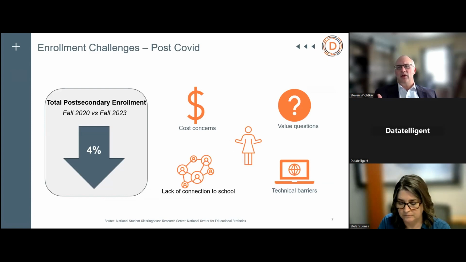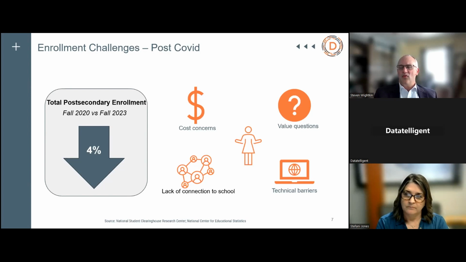And finally, and we have all dealt with this in all walks of life, there are those post-COVID challenges that we're all still dealing with here. If you look at enrollment from the start of the pandemic to this past fall, there's been a 4% decrease in overall enrollment. And some of those factors are due to the things we talked about, the cost concerns of school, the value proposition.